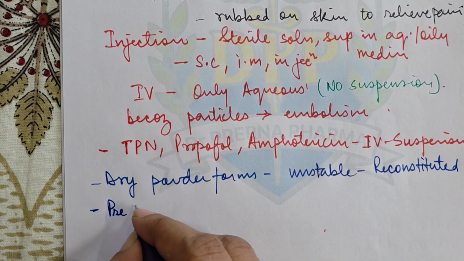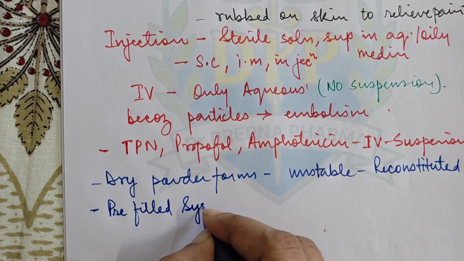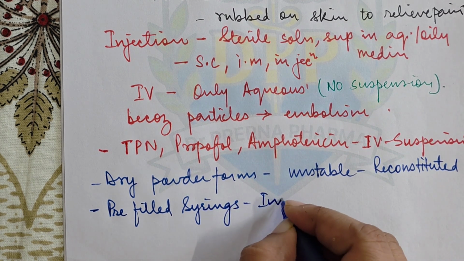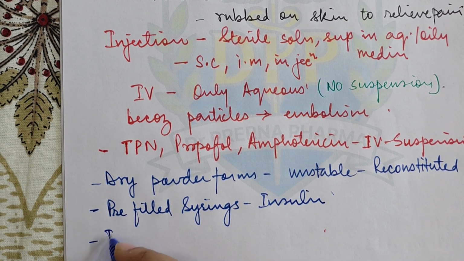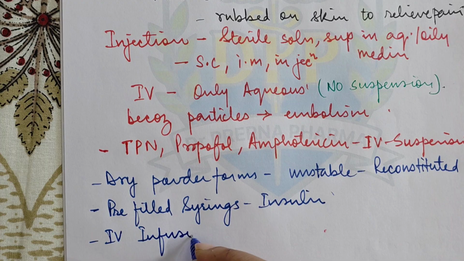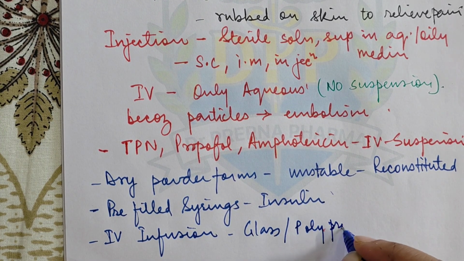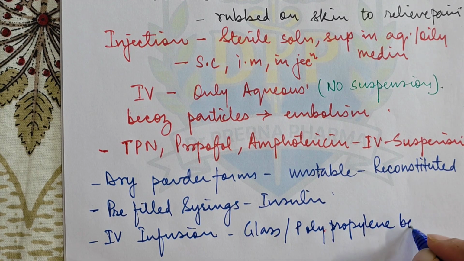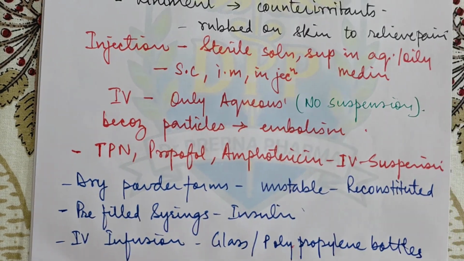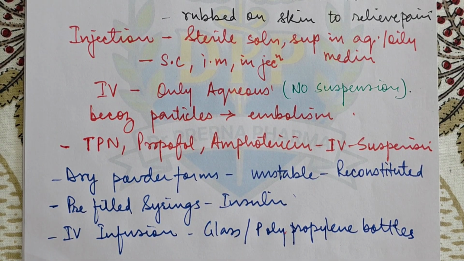Then pre-filled syringes are also available with some drugs, for example insulin. Then IV infusions come in either glass or polypropylene bottles. So these are the substances which are given by the IV route.